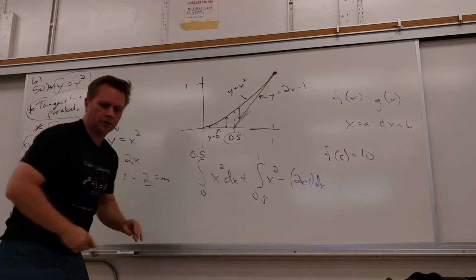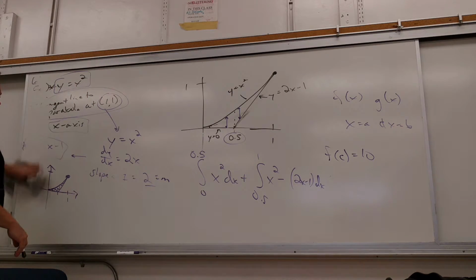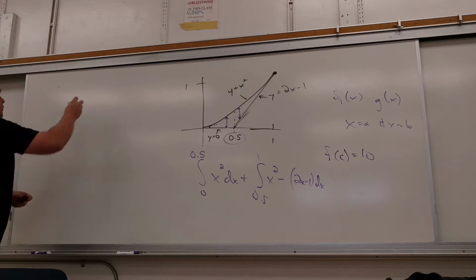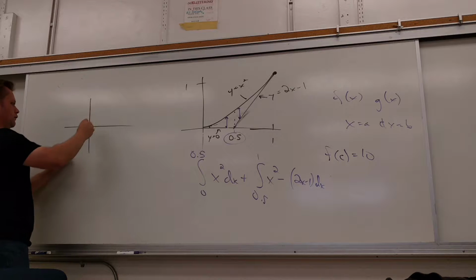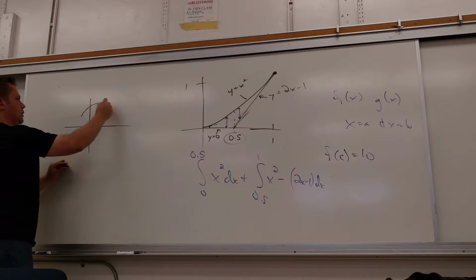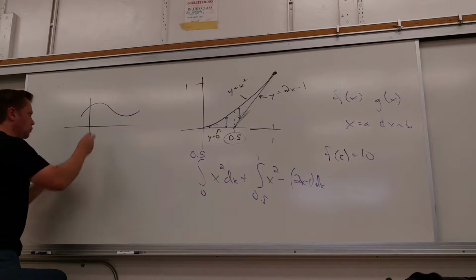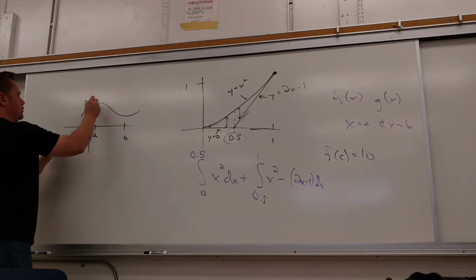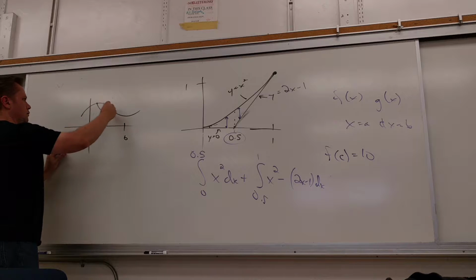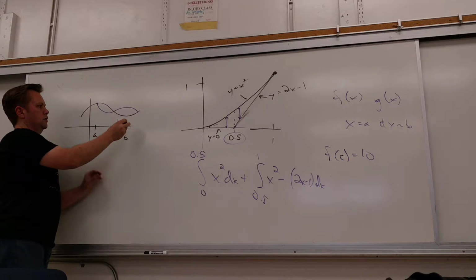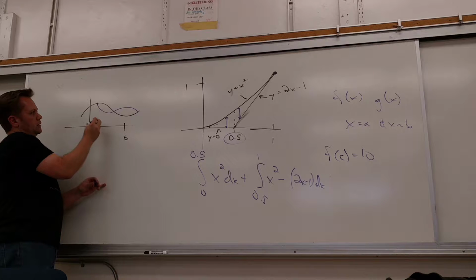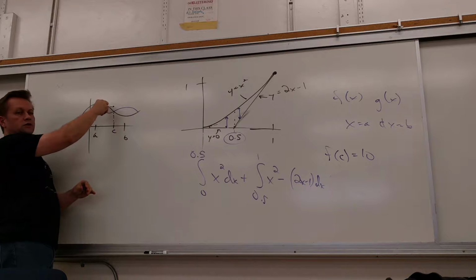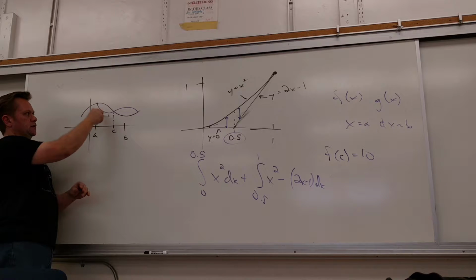So if I had a setup like this, if I have a function, happy function, and I'm going from, let's say, A to B, and I have another function come in and it does like this, woohoo, right. That means that from A to this point, the black line's on top, so the integral of this minus that.